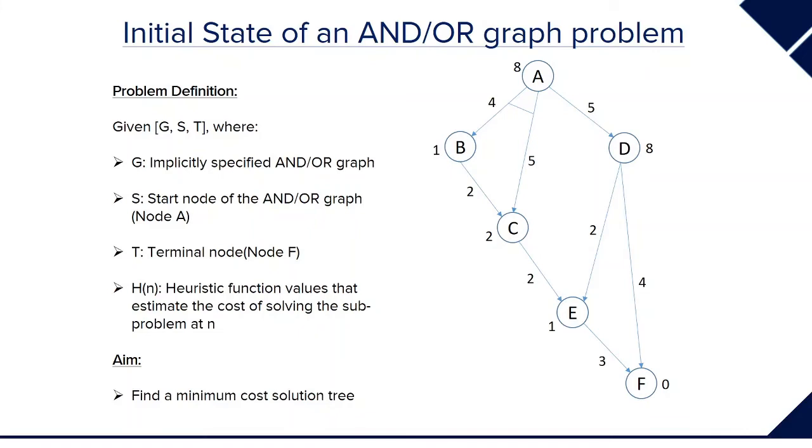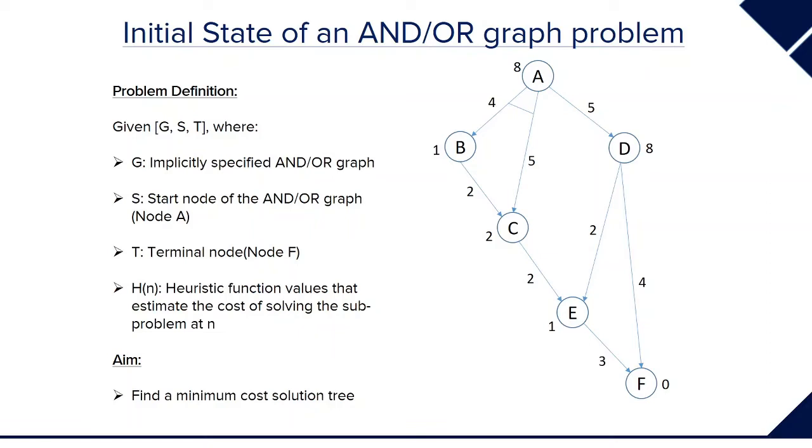And the values of the intermediary nodes are governed by the heuristic function values, which help us estimate the cost of solving the subproblem at n. Now, the aim of this example, or the problem, is to find a minimum cost solution tree.